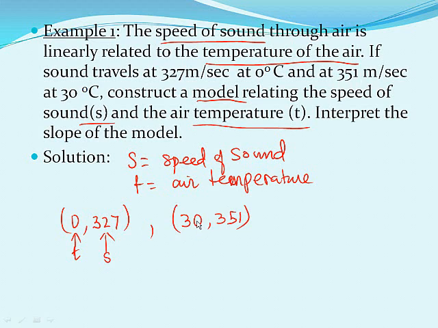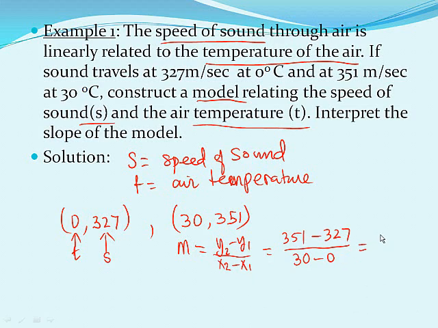So what we are going to do is calculate the slope. Slope equals y2 minus y1 divided by x2 minus x1 formula. Substituting the values, 351 minus 327 divided by 30 minus 0. So that simplifies to 7 over 15. So slope is 7 over 15.